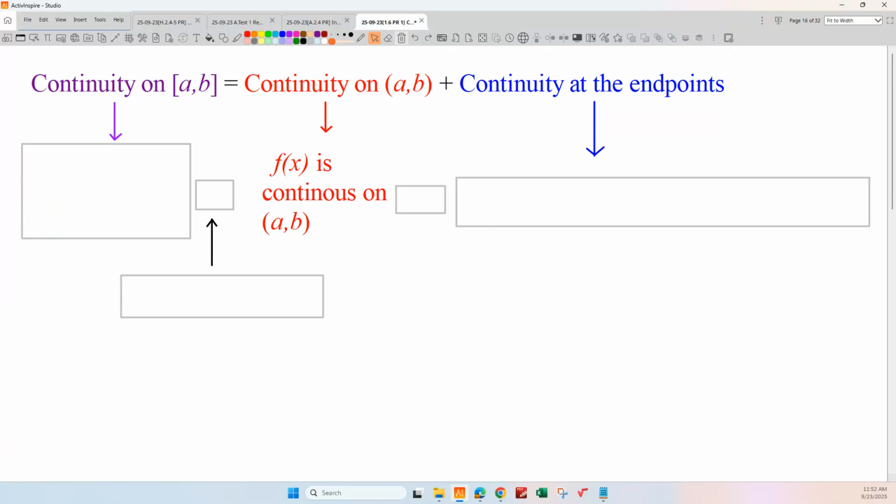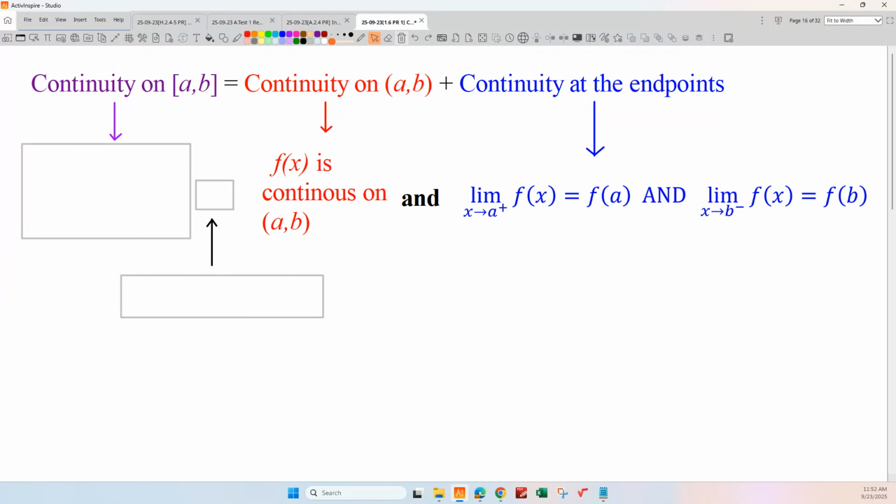F of x is continuous on the open interval, and it has one-sided continuity at the endpoints. It's continuous from the right at a, and it's continuous from the left at b. If all of those conditions are met, then this thing is continuous on the closed interval, right?